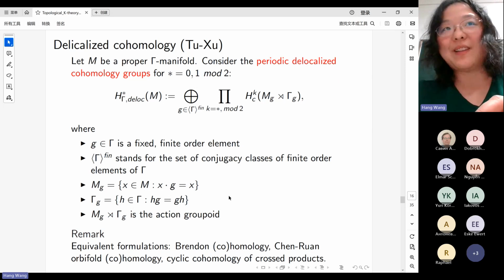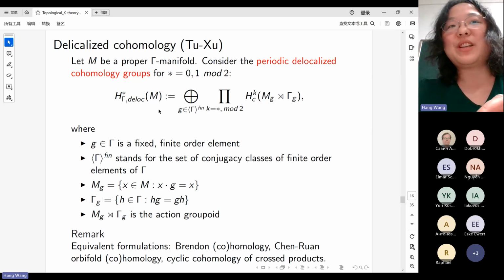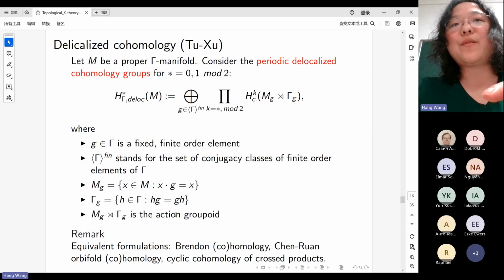So it's very precise. And this delocalized cohomology has a lot of equivalent models, say, Bredon cohomology, Chen-Ruan cohomology, and also cyclic cohomology of cross products.